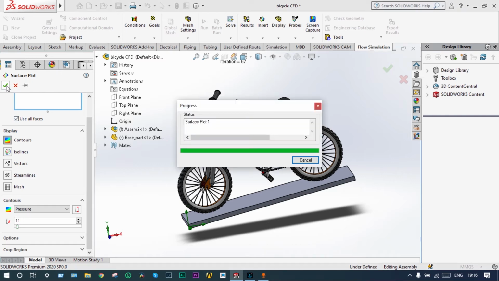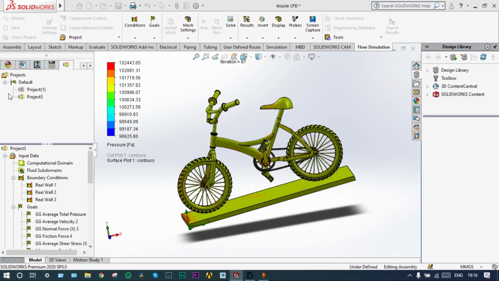Green check. It will show pressure, velocity, etc. across all surfaces. First of all, we can see the pressure here. The pressure is almost similar, no change at all. It is in the yellowish green range, which means it is a little bit more compared to atmospheric pressure.